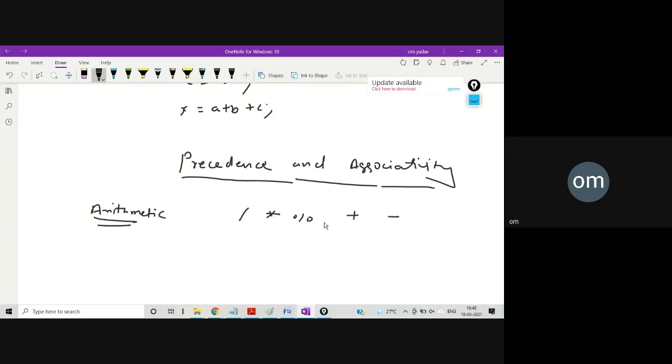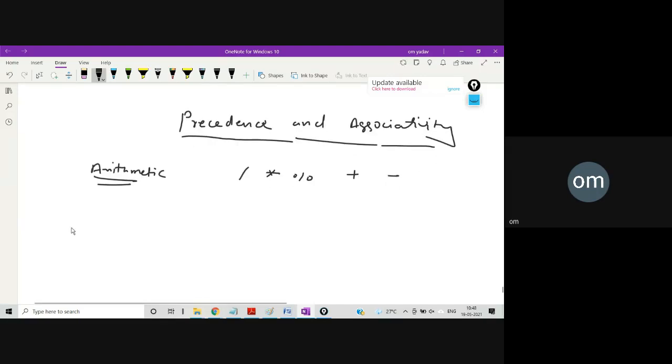Now, let's say I'm writing one expression: 5 divided by 2 into 3 plus 1 minus 2.